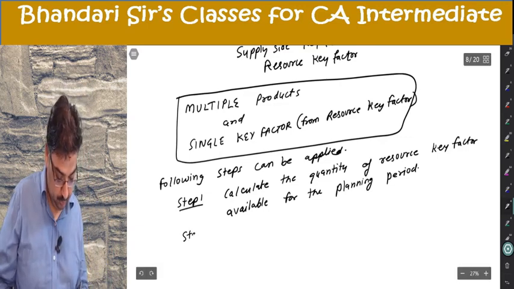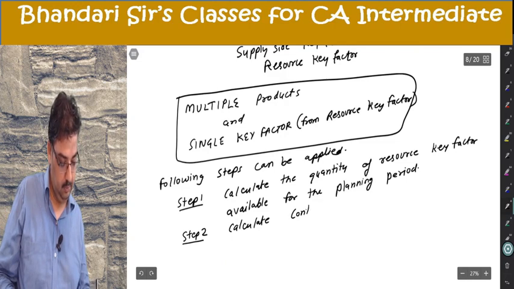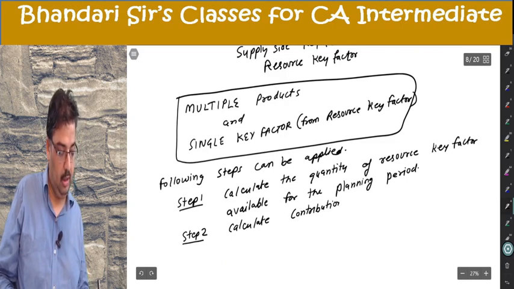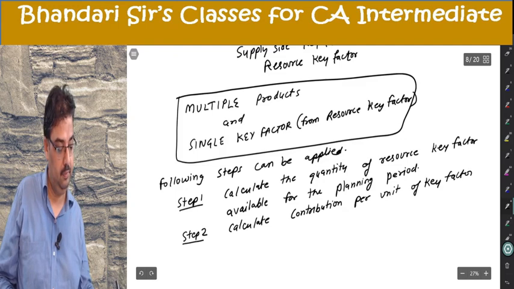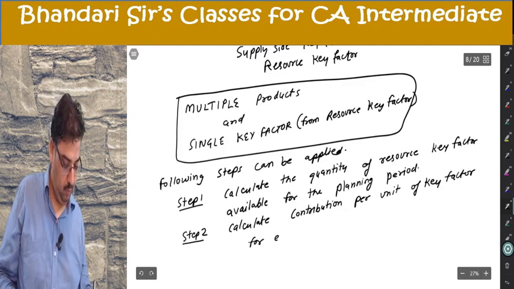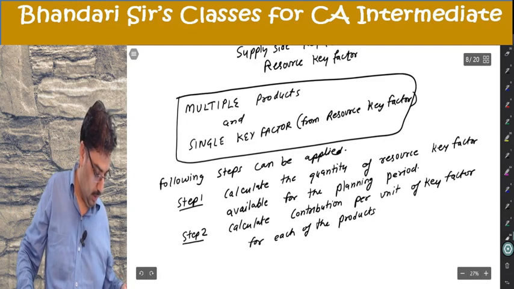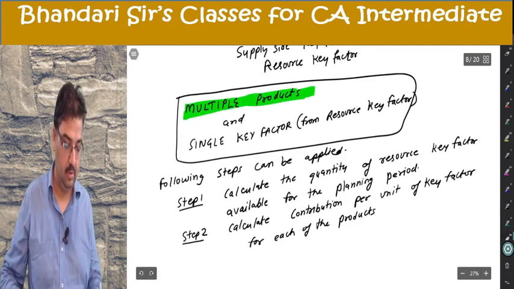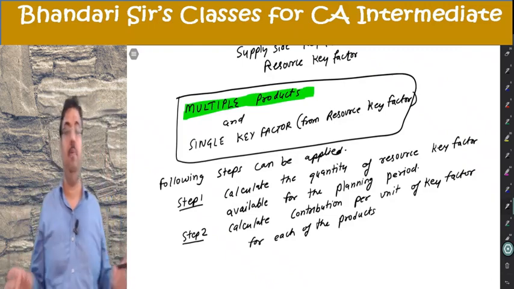Step 2. Calculate contribution per unit of key factor for each of the products. As I have already said, there are multiple products. For every product, you are required to calculate contribution per unit of key factor.